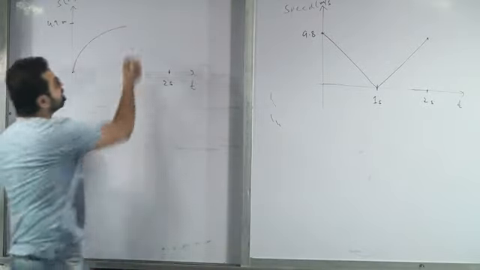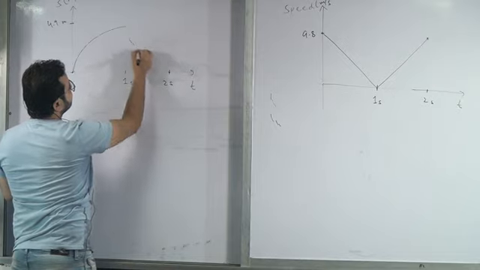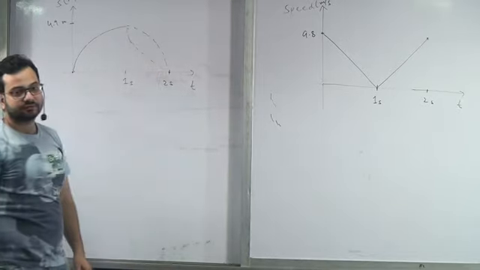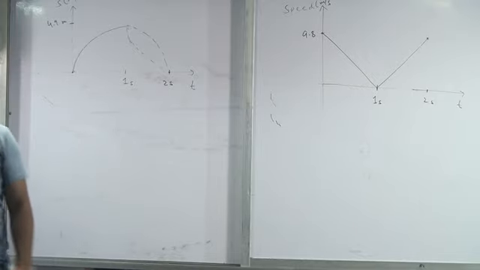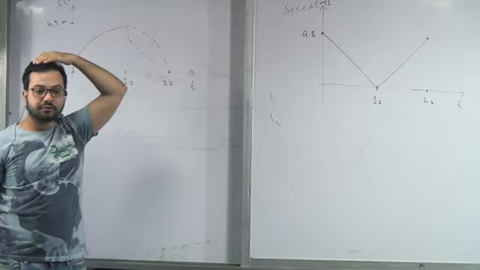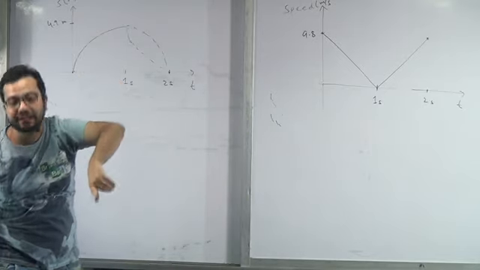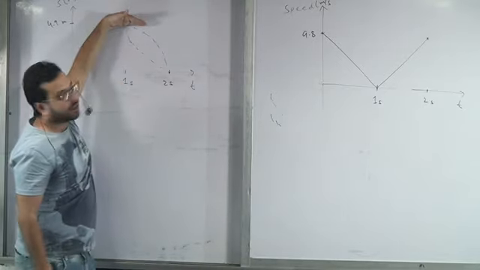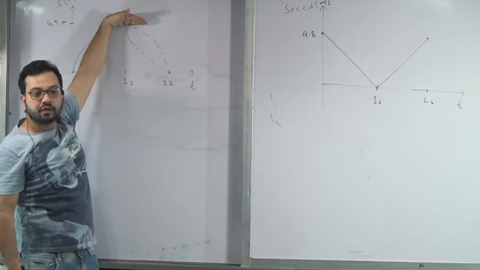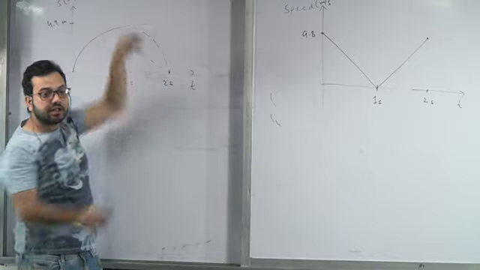Again, same problem. Should I join it like this? Should I join it like this? Or should I join it like this? Upper one? Why upper one? Velocity increases. Excellent. The velocity becomes 0 and when the particle is coming down, what is happening to the velocity? It is gradually increasing.